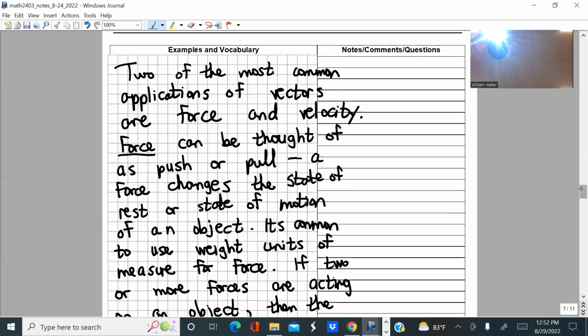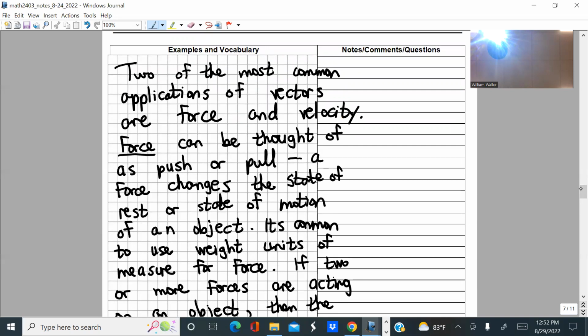Okay. Two of the real common applications of vectors are force and velocity. We're going to start with force here. Force, you can think of that as a push or pull on an object. It changes the object either into a state of rest, into a state of motion, or from a state of motion, it puts it into a state of rest.